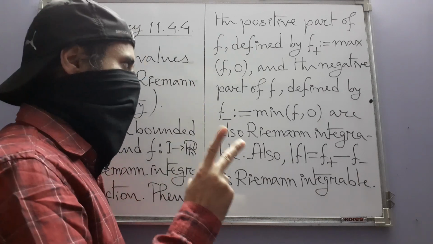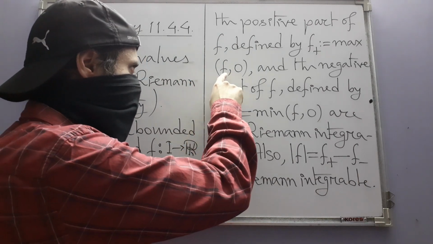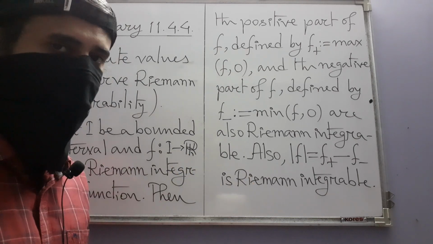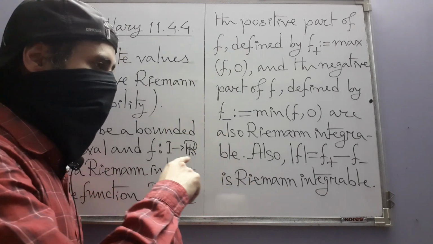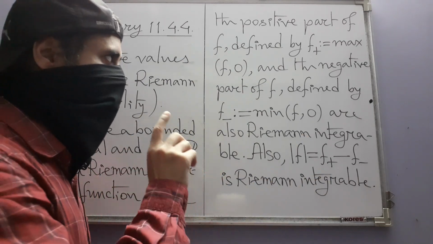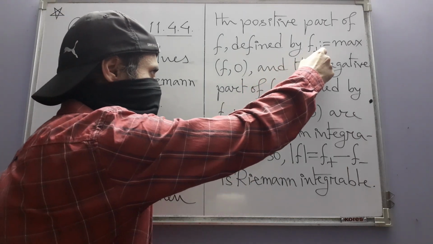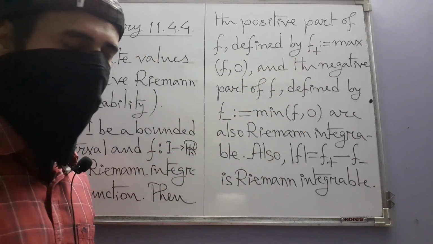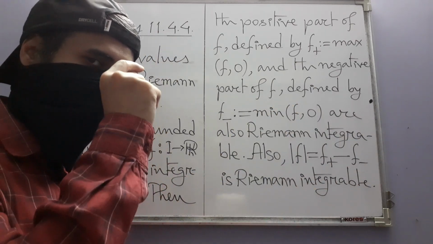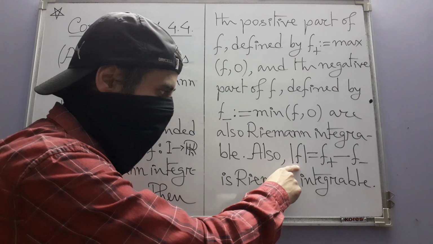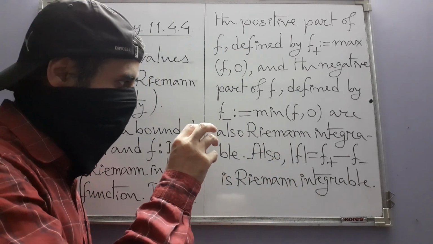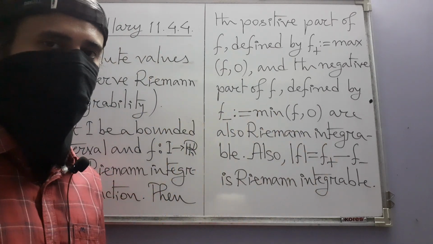There will be two cases depending on whether the f value at that x is non-negative or negative. In other words, whether f of x is greater than or equal to 0 or less than 0. Depending on that, the values of the f plus and f minus will give you the right hand side. And depending on those same conditions, you can also calculate the value of the left hand side function at x. So I leave the verification of this identity to you.